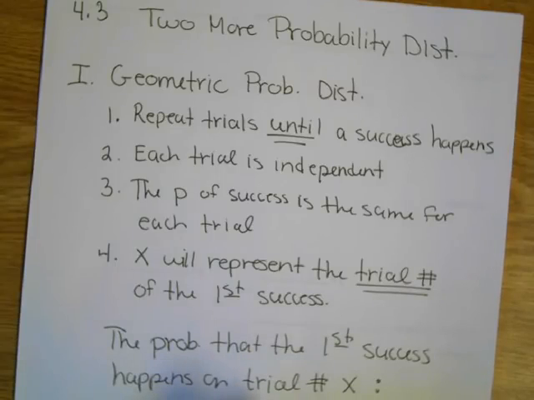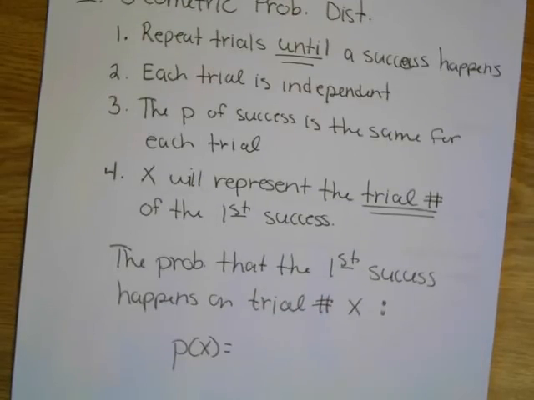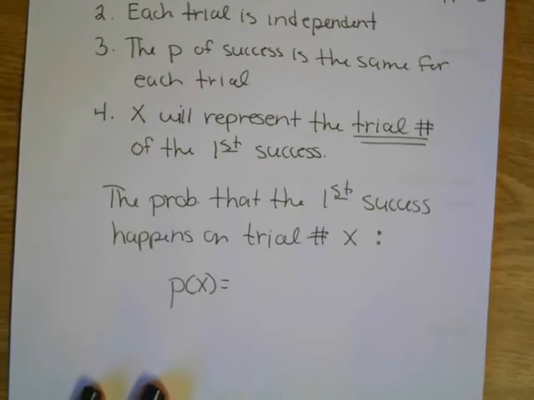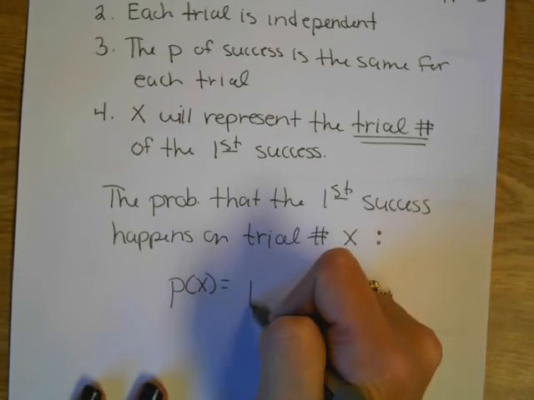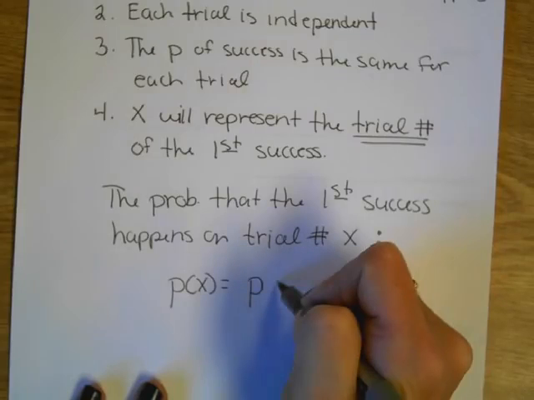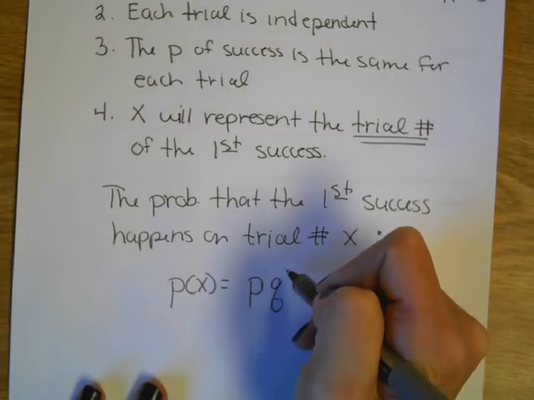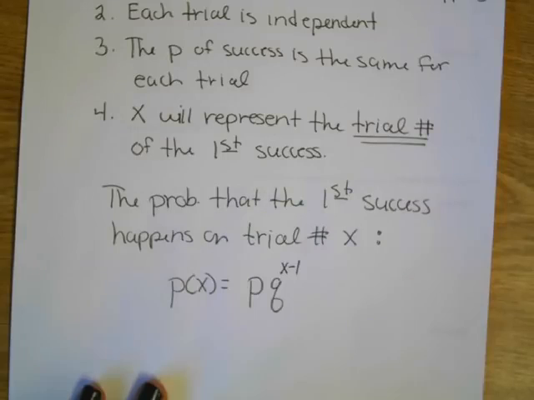It is given by this formula: P times Q raised to the x minus 1. So it's a little bit easier formula.